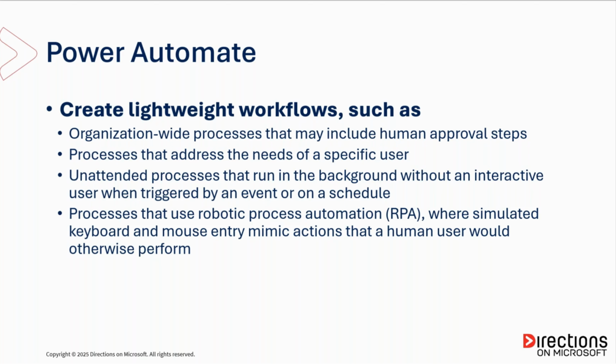You can have unattended processes that run in the background without an interactive user that are triggered by an event or on a schedule, such as a flow that regularly syncs disparate data stores. And then you can have processes that use robotic process automation, or RPA, where simulated keyboard and mouse entry mimic the actions that a human user would otherwise perform. This enables the automation of legacy solutions that cannot be automated through the APIs they provide.